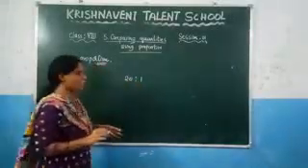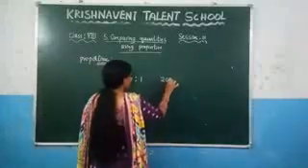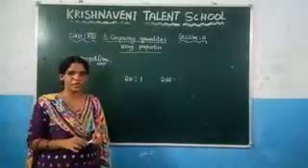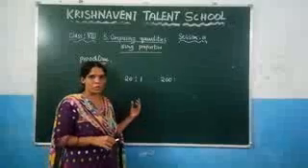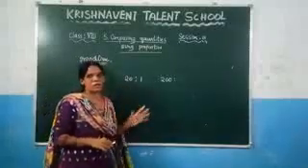If I ask you, suppose in your school 200 students are there, then how many teachers are required? This is the question. So again here, take one example to define the proportion. Suppose for 20 students, one teacher will be there.